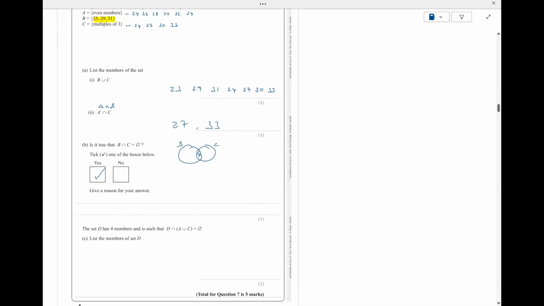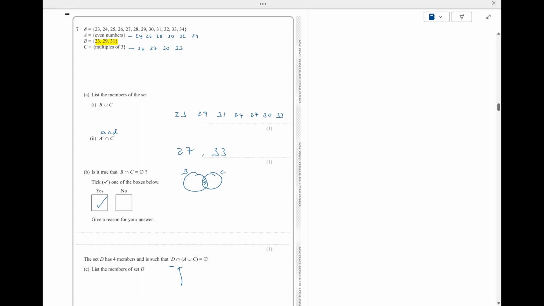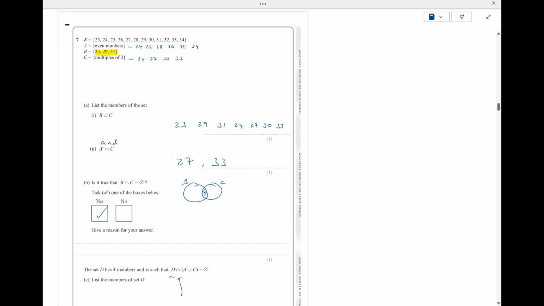Let's have a look at this one. Set D has 4 members. And to be in D and in A or C, that's an empty set. So there are no numbers which are in D and in A or C. So if you're in A or C, you can't be in D. So D can't involve any evens or any multiples of 3.